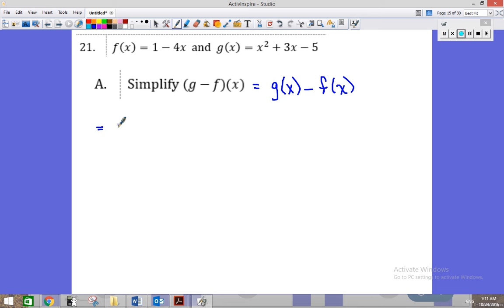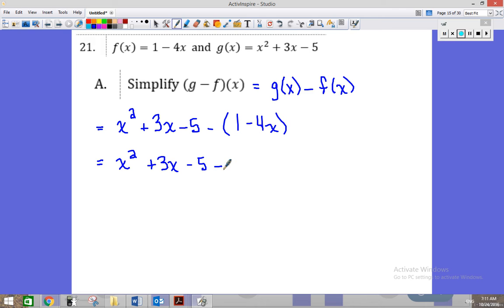So g of x is this quadratic function, x squared plus 3x minus 5, and we're subtracting from it this line, this linear function, 1 minus 4x. So it's combining like terms and trying not to make silly arithmetic or silly sign errors.